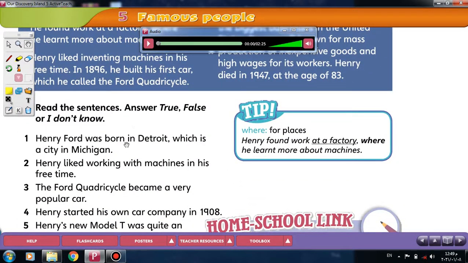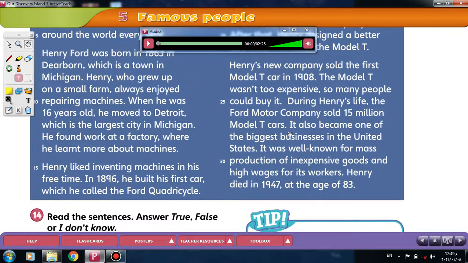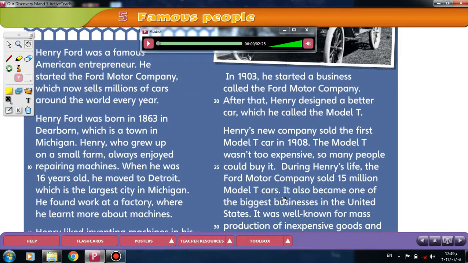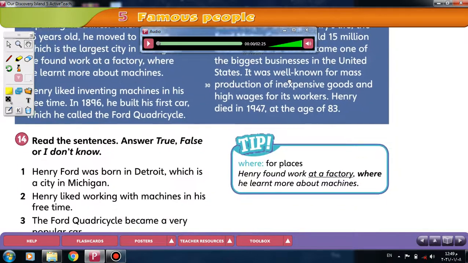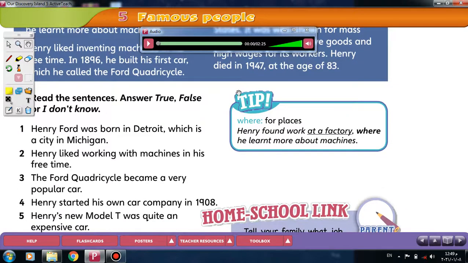IDK. 4. Henry started his own car company in 1908. It's false because he started a new business called the Ford Motor Company in 1903, but he sold the first Model T car in 1908. So it's false. 4 is F right next to it.